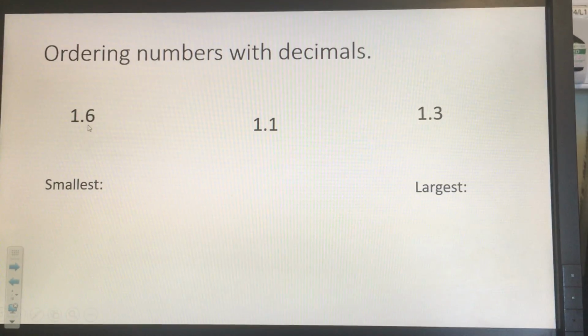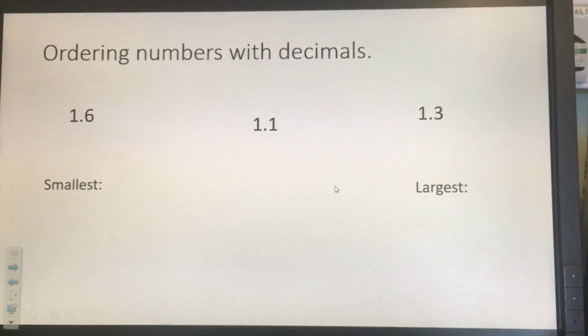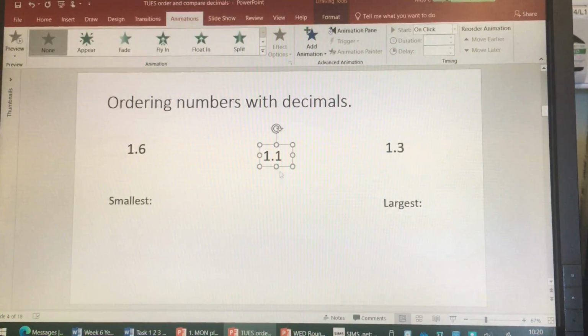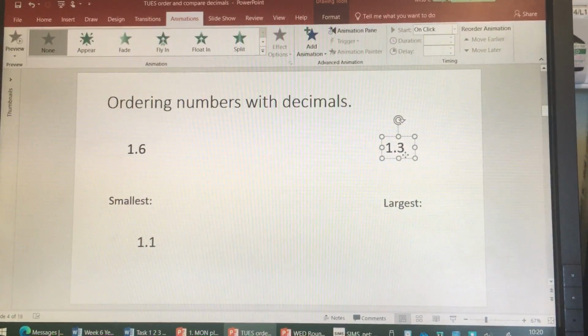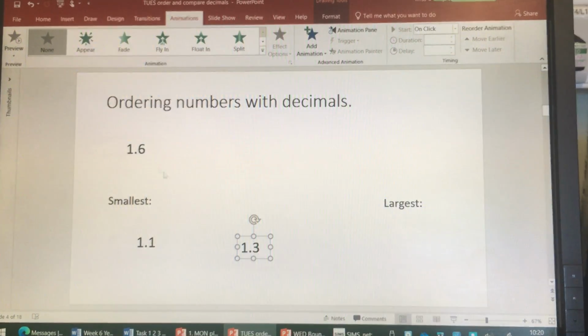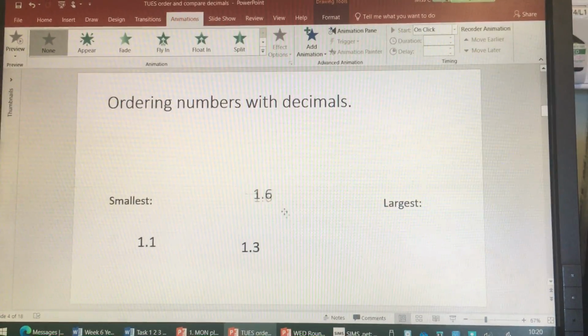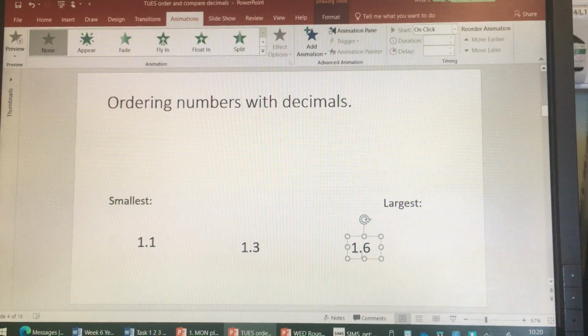This has 6 tenths, 1 tenth and 3 tenths. Okay? So I know that this one is the smallest because it only has 1 tenth. I know that this one goes next because it has 3 tenths. And this one is the largest, it has the most tenths because it has 6 tenths.